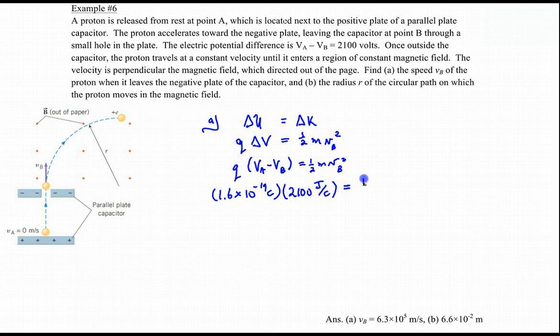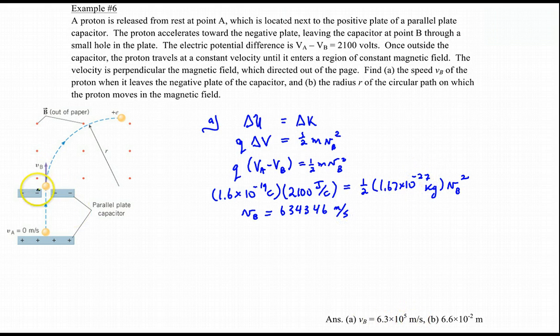And this is equal to 1/2 times the mass of a proton, which is 1.67 times 10 to the power of negative 27 kilograms, times the velocity v squared. And rearranging and plugging this into your calculator, I get an answer of 634,346 meters per second, which is really the same answer we have down here.